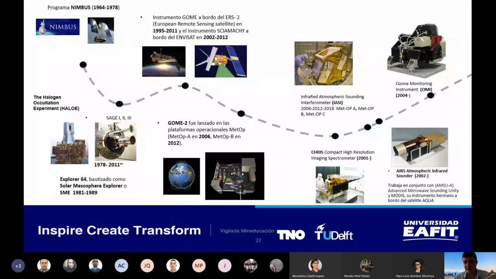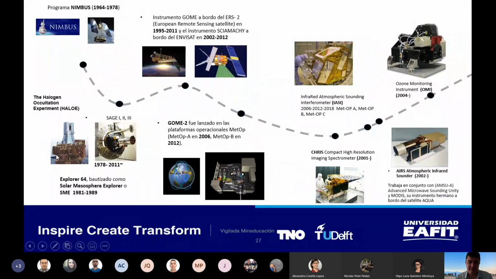As you know, there are satellites since a long time ago, but the interest in measuring the atmospheric composition comes from the Nimbus initial missions, and these missions also contribute to the NOAA programs and the weather research programs in the United States.